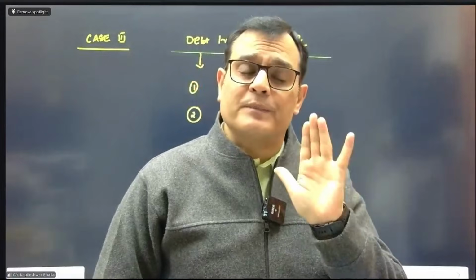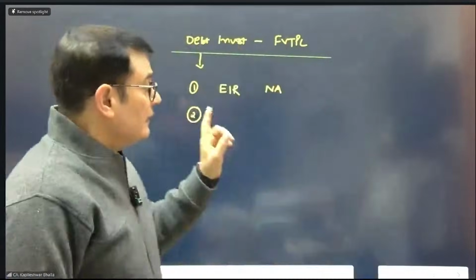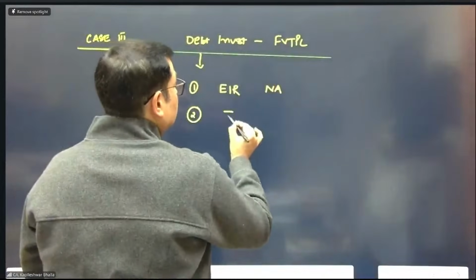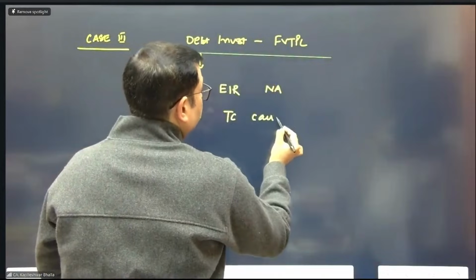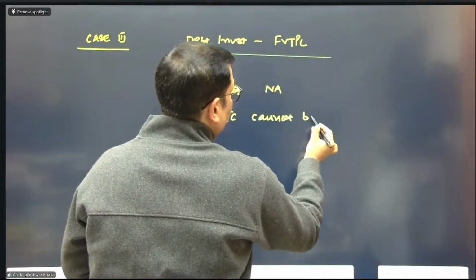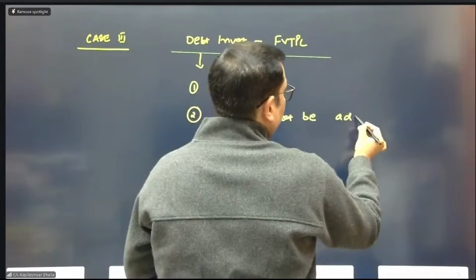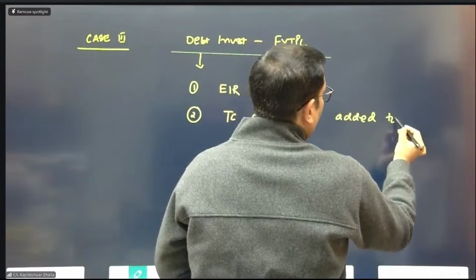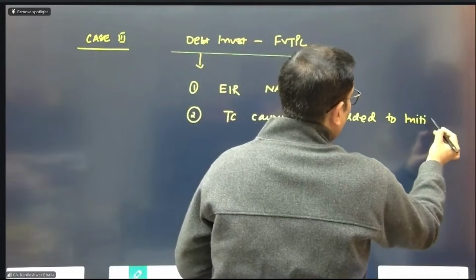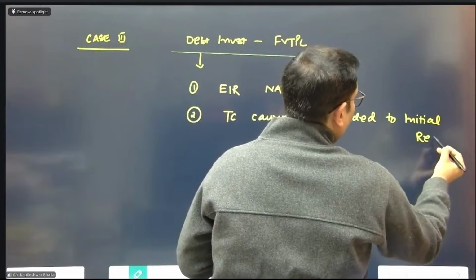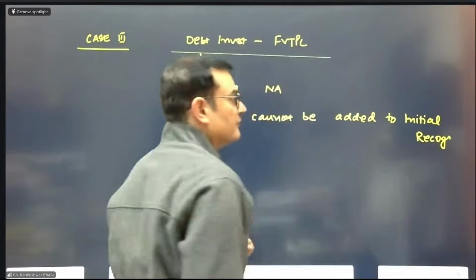And to equity investments, a big no. The second is the TC cannot be added to initial recognition. The TC cannot be added to the initial recognition in this case.